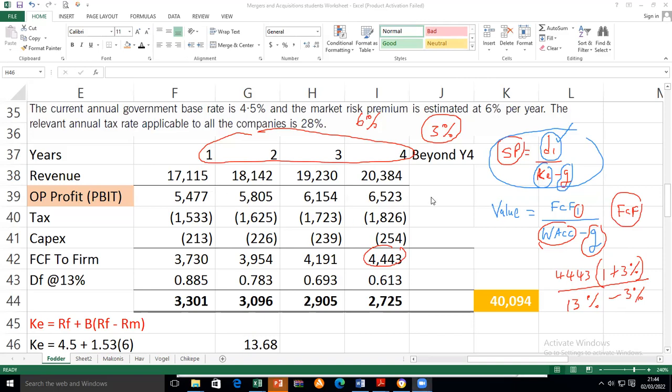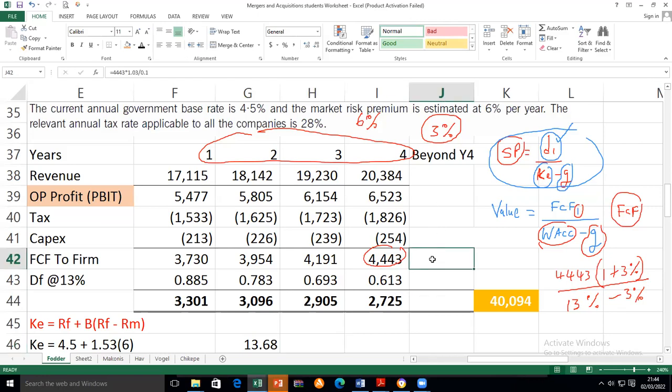Okay, so now we come here. 443 multiply 1.03 over 13% minus 3%. You find this answer here. That's your answer you find.